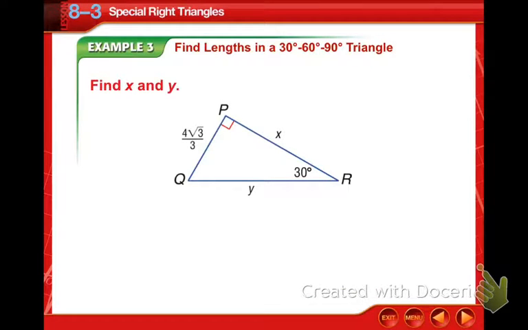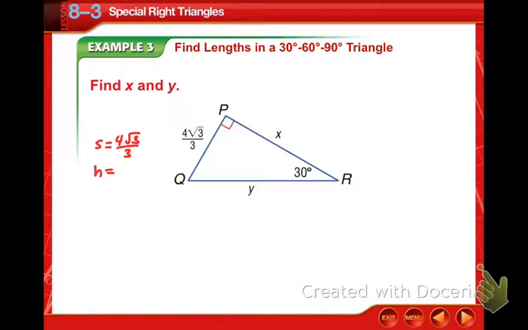So, using those, here's 2 things here. We have our short side given to us, and we know it's a short side because it's across from the smallest angle. That's the 30-degree angle. We also have to find our hypotenuse and the longer side. They are x and y here. So just like before, what we're going to do here is actually write out everything we have. So we have that S is equal to 4 square root 3 over 3.